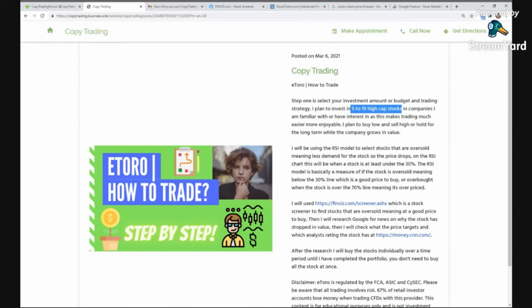Within each stock, I'm going to buy at two prices. Each one will be 300, so I will invest 150 each time. Okay, so I make up that 300.